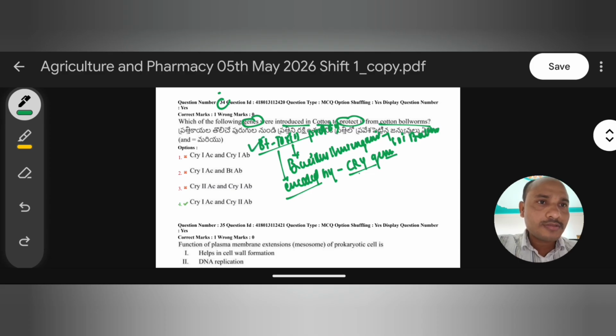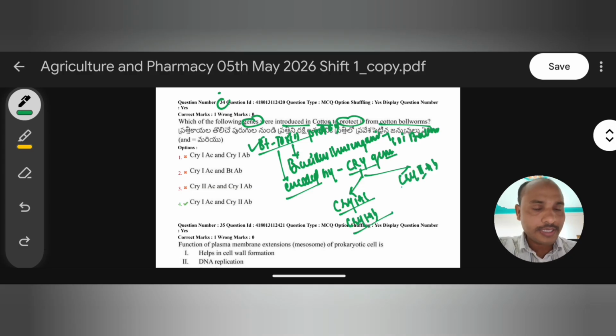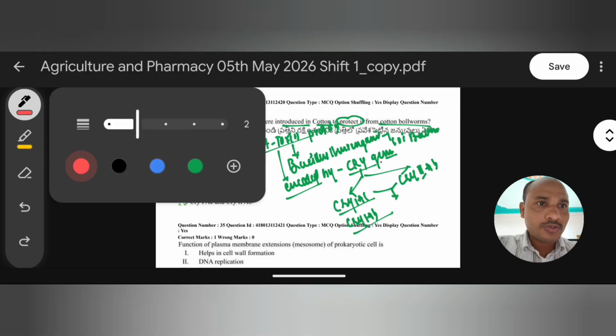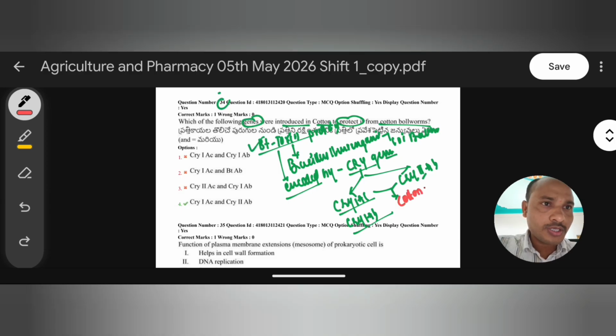There are different varieties of cry genes, in the one series Cry1 and in the two series Cry2 AB. Cry1 Ac and Cry2 Ab, these two genes mainly help to control cotton bollworm, while another cry gene controls corn borer. So in the question, which gene is introduced in cotton to protect from cotton bollworm?